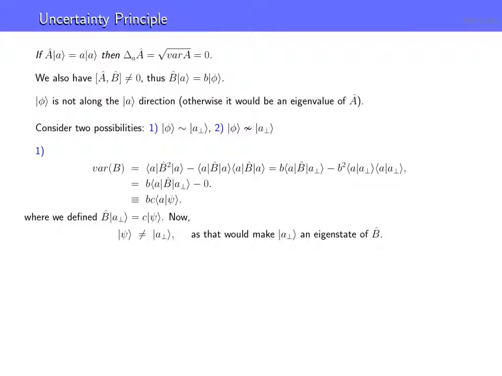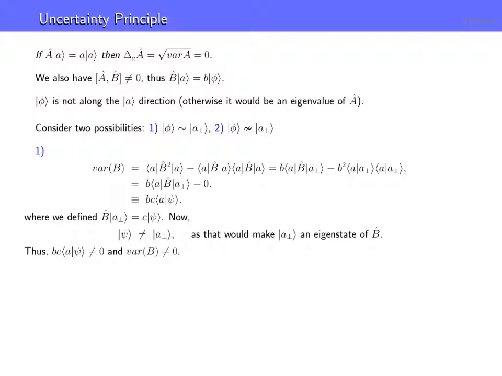Now, it should be the case that psi is not along the direction of A perpendicular, because that would mean it's an eigenstate of B. We can do a more formal proof and take care of all possibilities there, but we're going to leave it at that now. If it's not an eigenvector, then this inner product, A with psi, doesn't vanish, because psi is not perpendicular to it. It's not in that space, and thus the variance does not vanish.